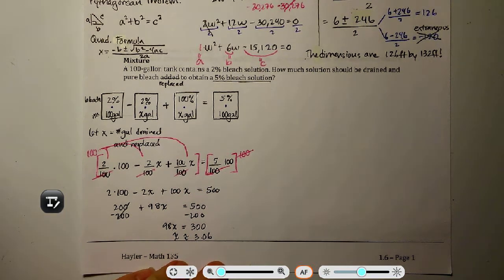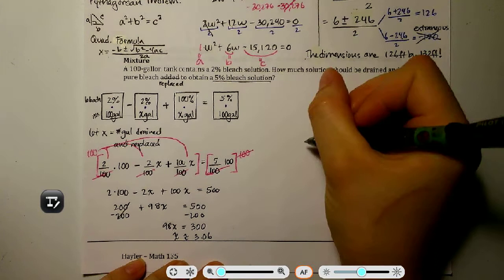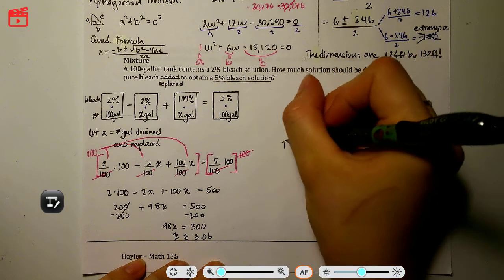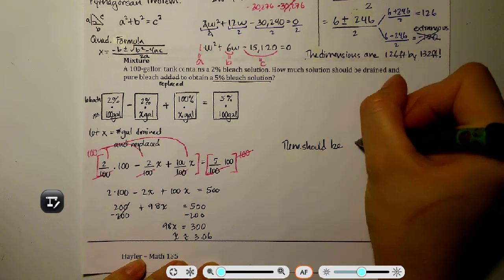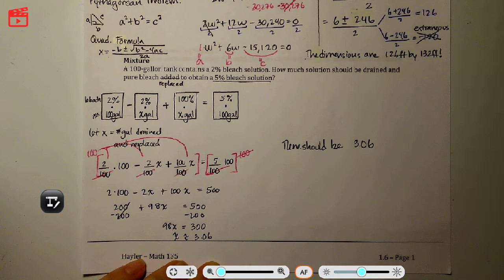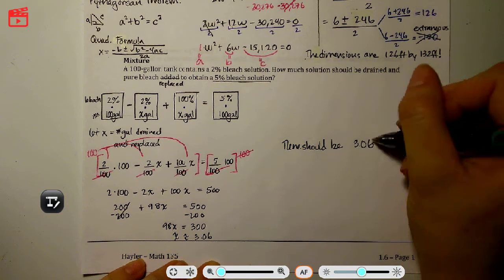And in our word problem, our answer would be, remember we have to write a sentence for a word problem. The answer is going to be, there should be 3.06, and what's the unit here? The units are gallons.